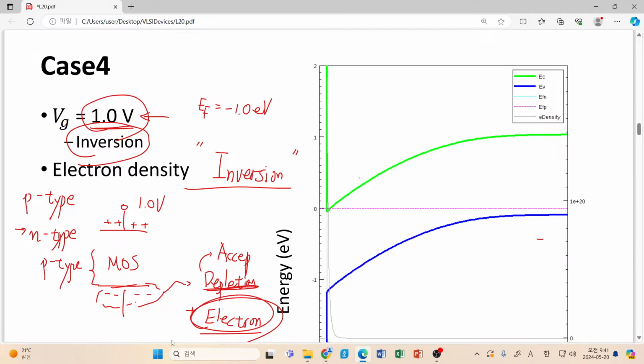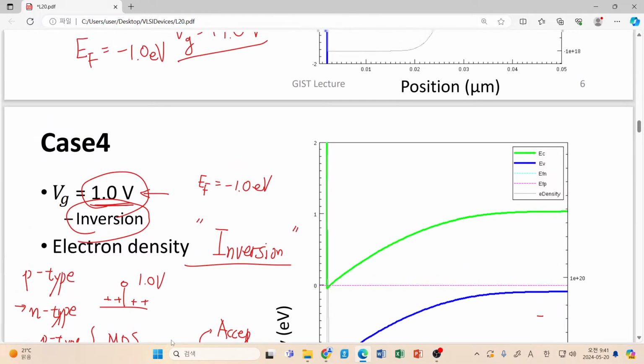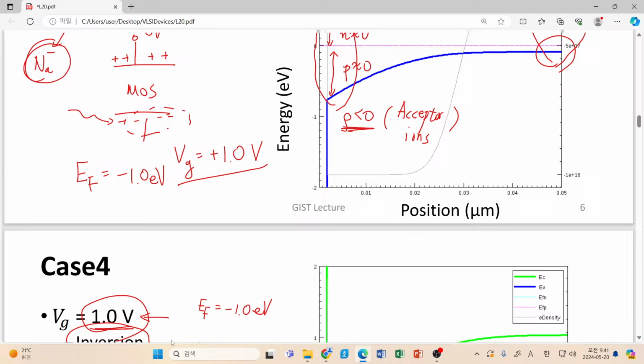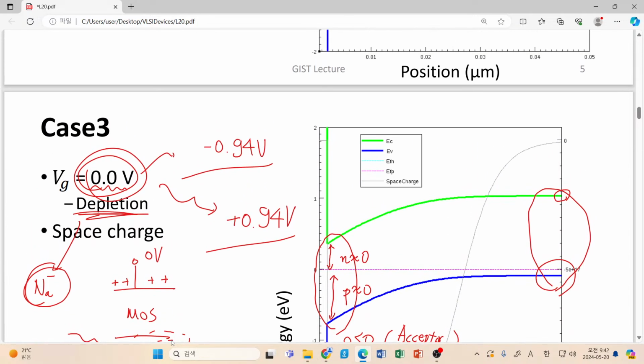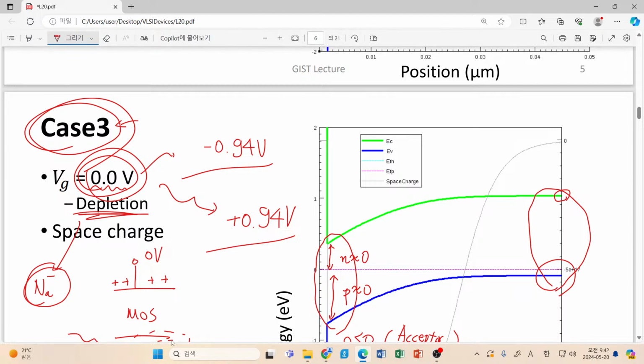And so in my opinion, the most important one of these 4 cases to you is this case. Once again, the existence of this case 3 is the reason why we use MOS. I mean that, think about this case 3. What is it?